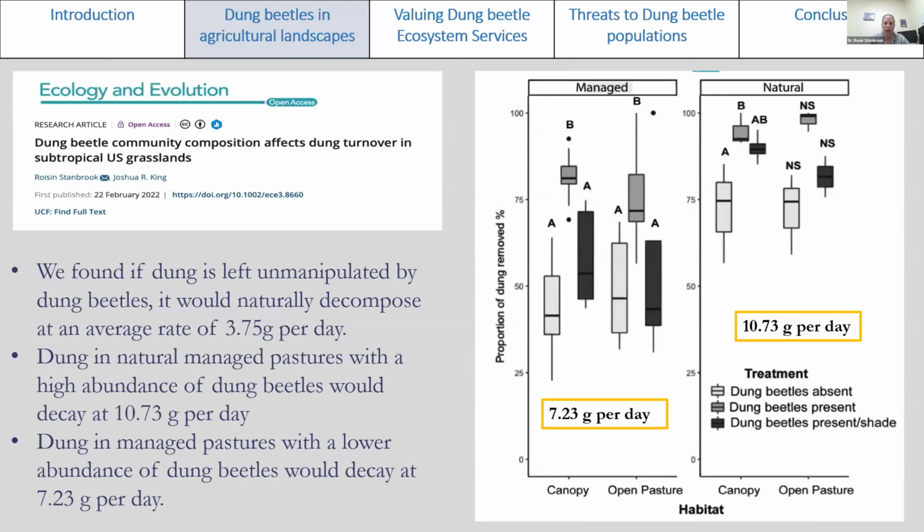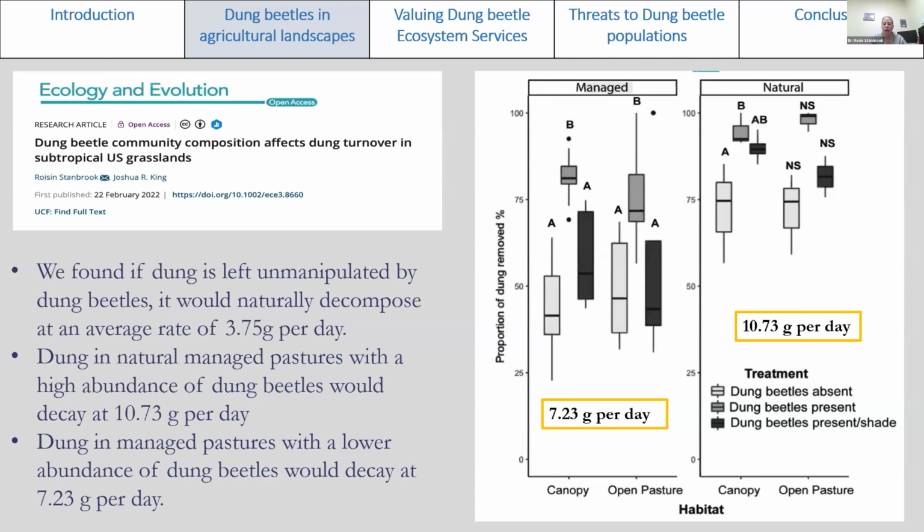And what we found was that if dung is left unmanipulated, so left within those mesh tents where dung beetles weren't able to access it, it would naturally decompose at around 3.75 grams a day. We found then that if dung was found in managed pastures with a really high abundance of dung beetles, it would degrade at around 10.73 grams a day.